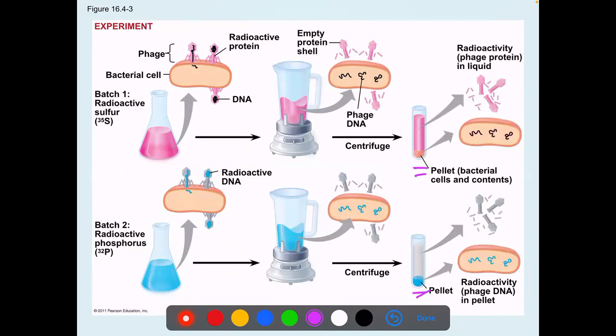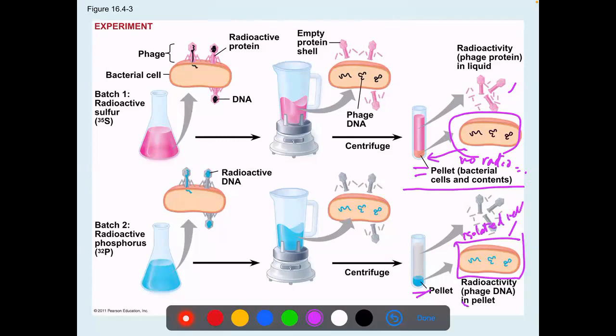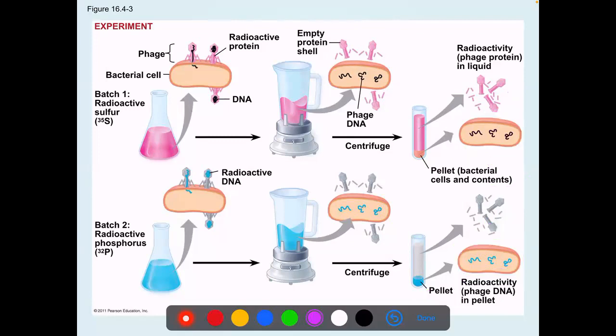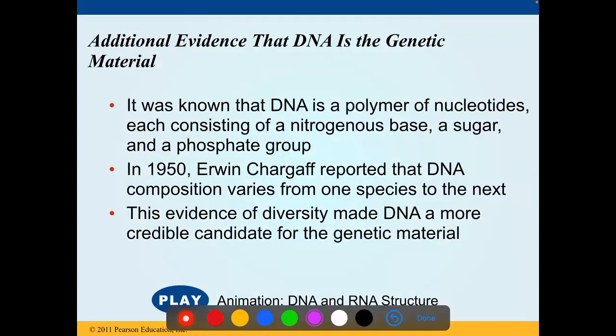In the first experiment, the cells isolated in the pellet have no radioactivity. But in the second batch, the isolated cells have radioactivity because the phage DNA is tagged with P32. So that is their conclusion.